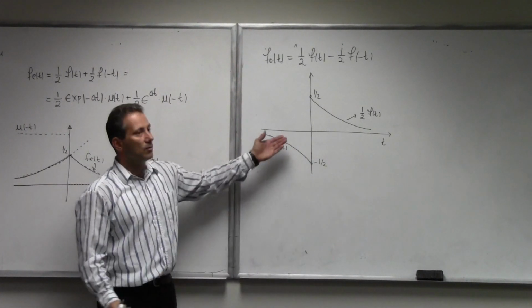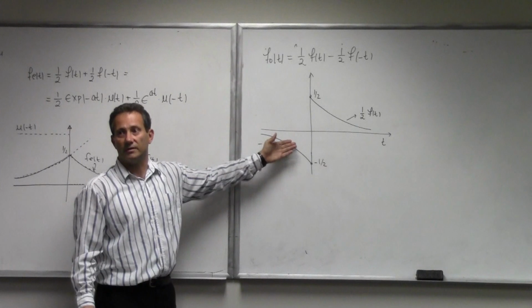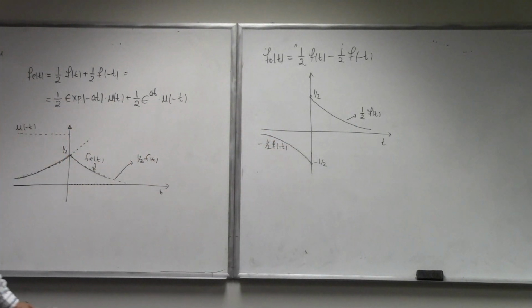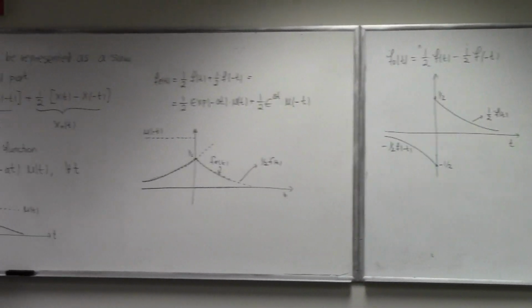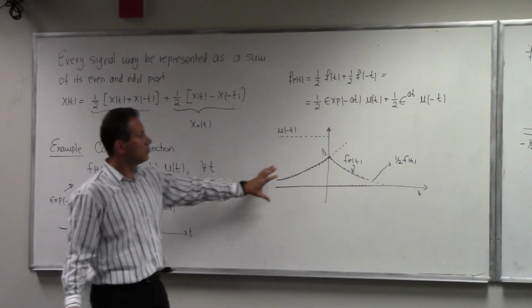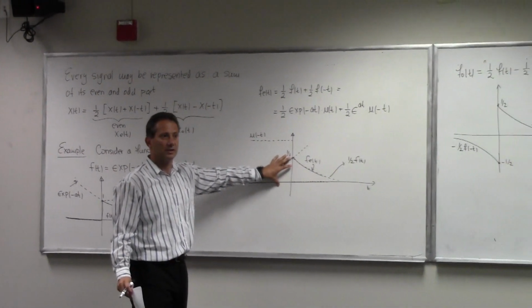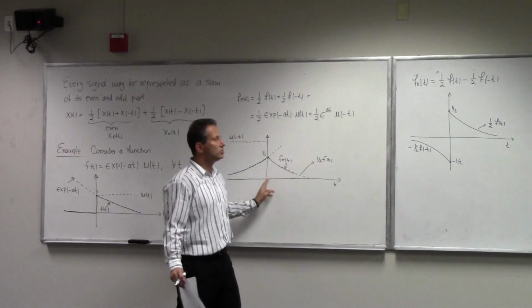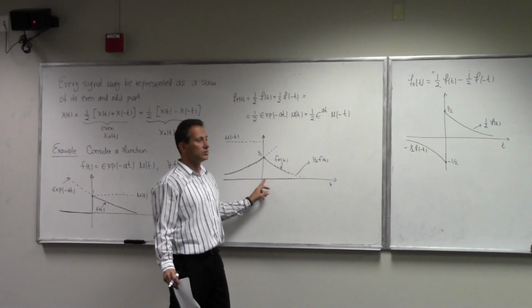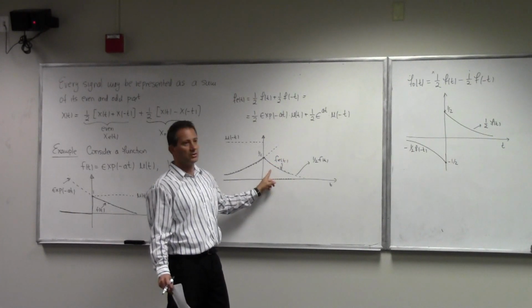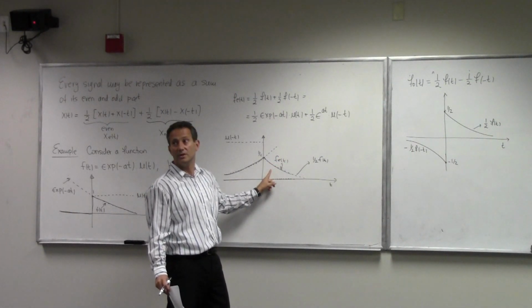Now tell me, what kind of symmetry does this one have? Odd symmetry. So you've seen now we took a function that doesn't have either symmetry, and we decompose it into this one, which has an even symmetry, and this one that has odd symmetry. Now add these two. What happens? To the right, you have 1/2 f of t and 1/2 f of t, so they will add up to be f of t.